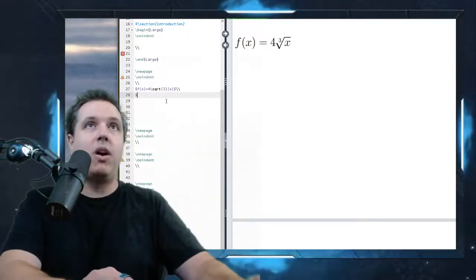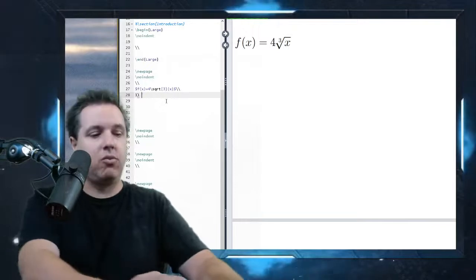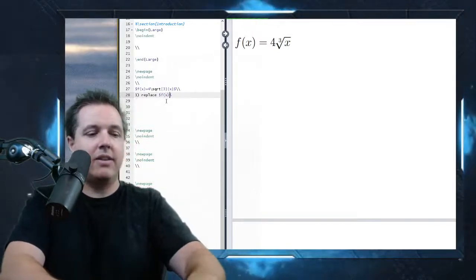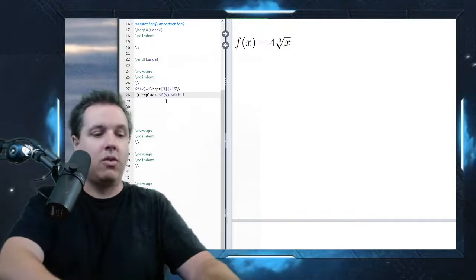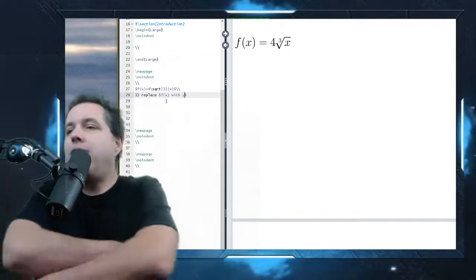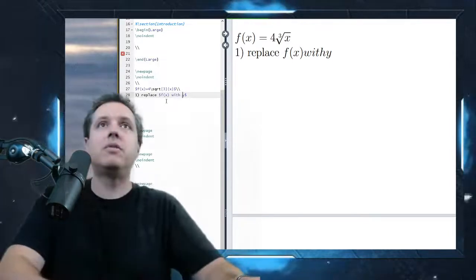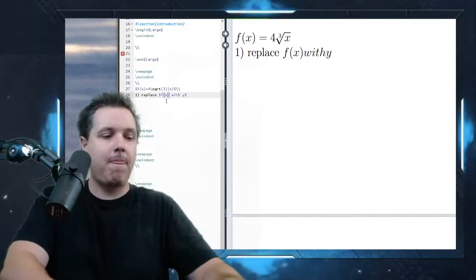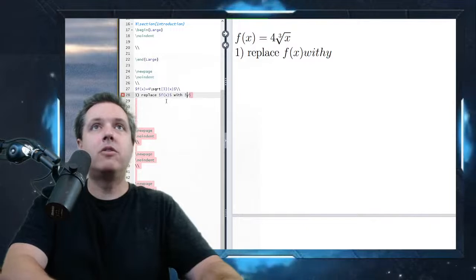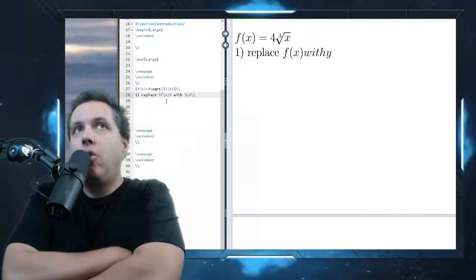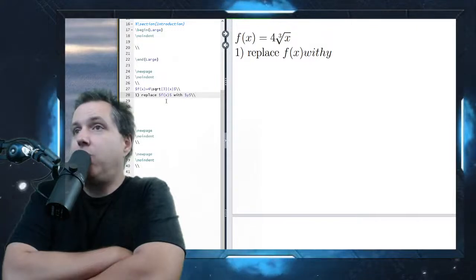So step 1 is we replace f of x with y. Okay, so f of x and y really mean the same thing in function notation. When we use function notation, we use f of x.